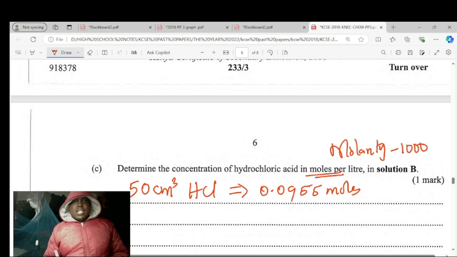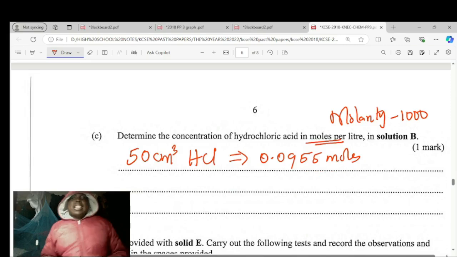Concentration in moles per liter ni moles in 1 liter, and a liter is 1,000 centimeters cube. Now 1,000 centimeters cube is equal to 1 liter.